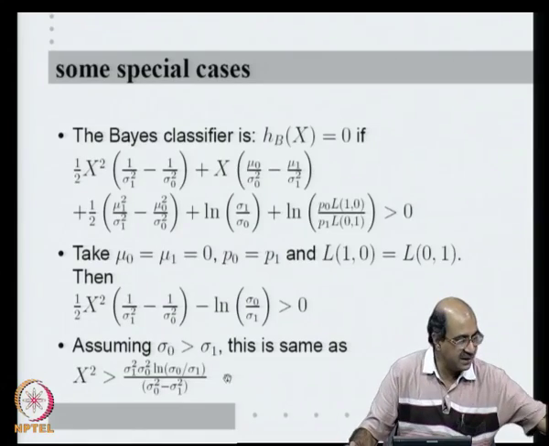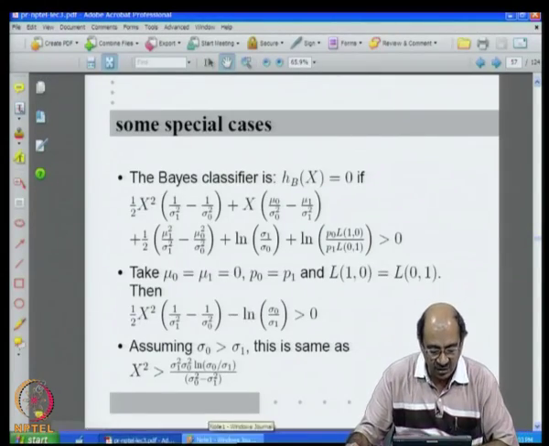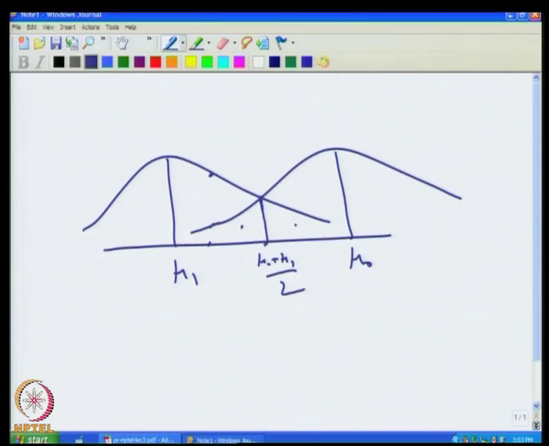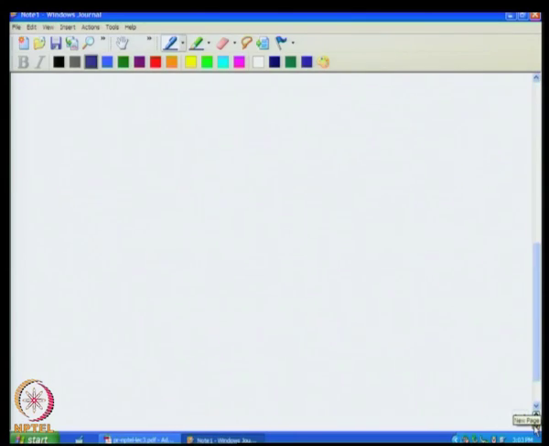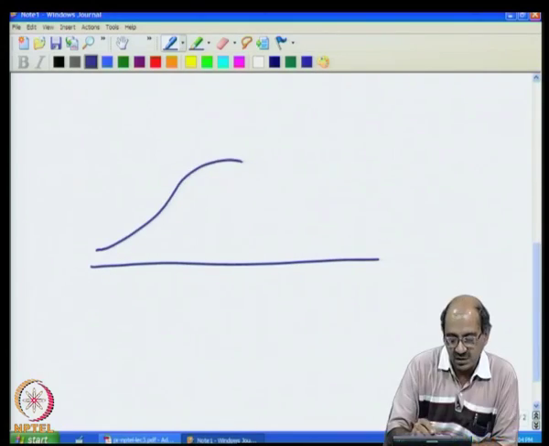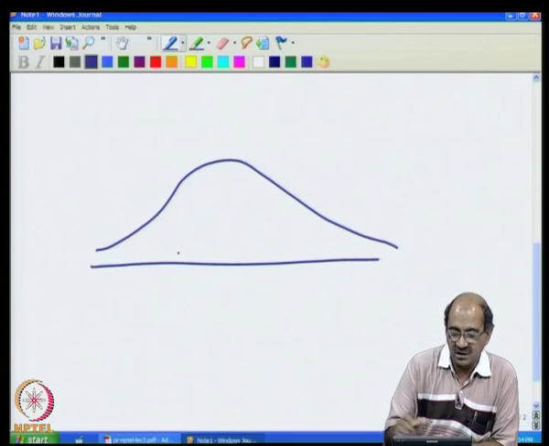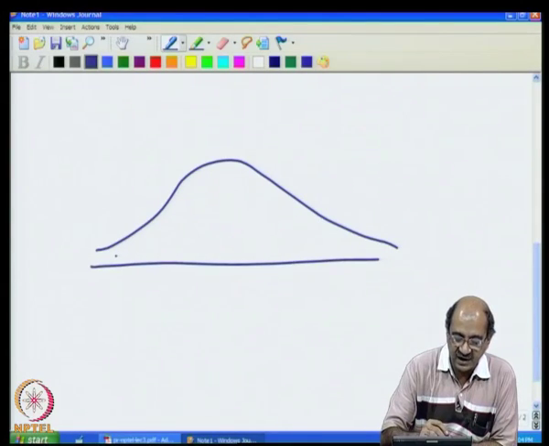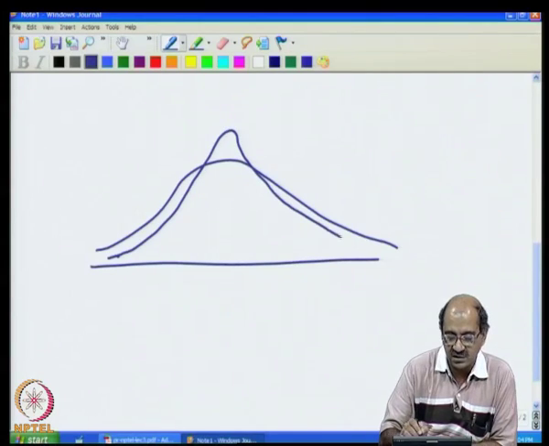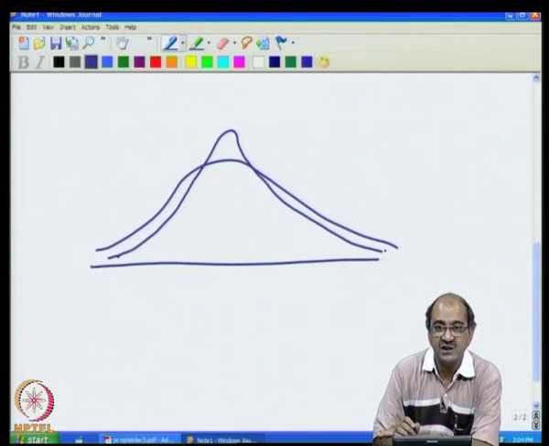Once again, we can see that this is intuitively clear. What are we assuming now? Both the means are 0. One class conditional density has a larger variance, another class conditional density has a smaller variance.